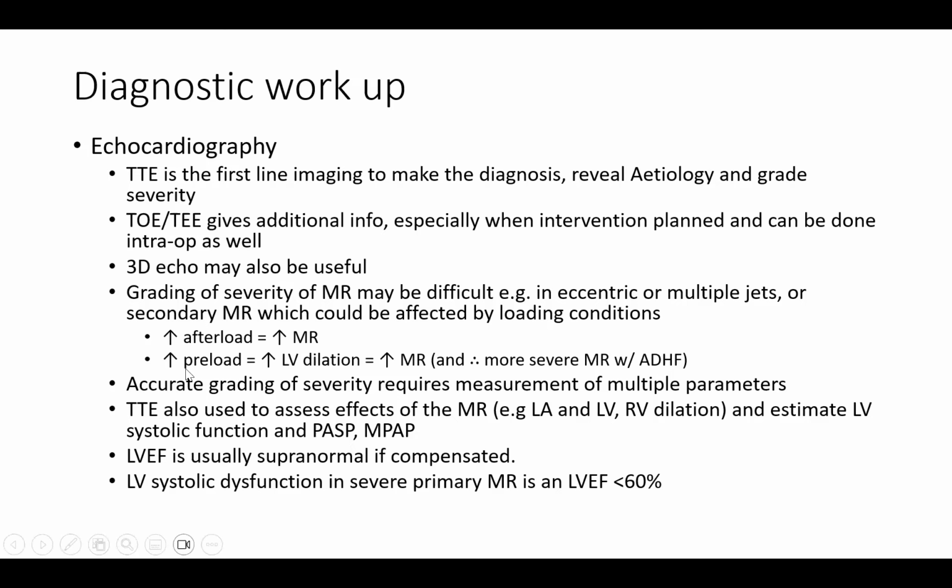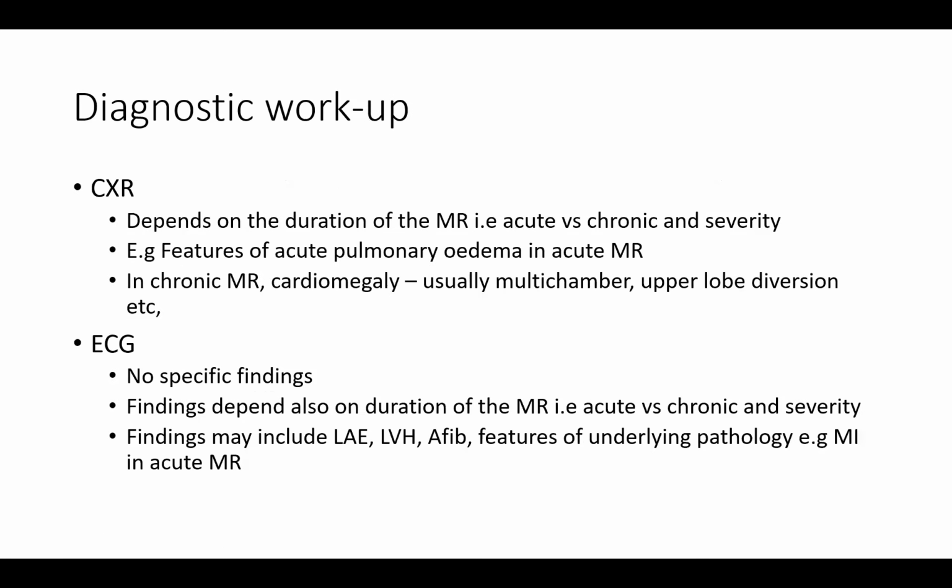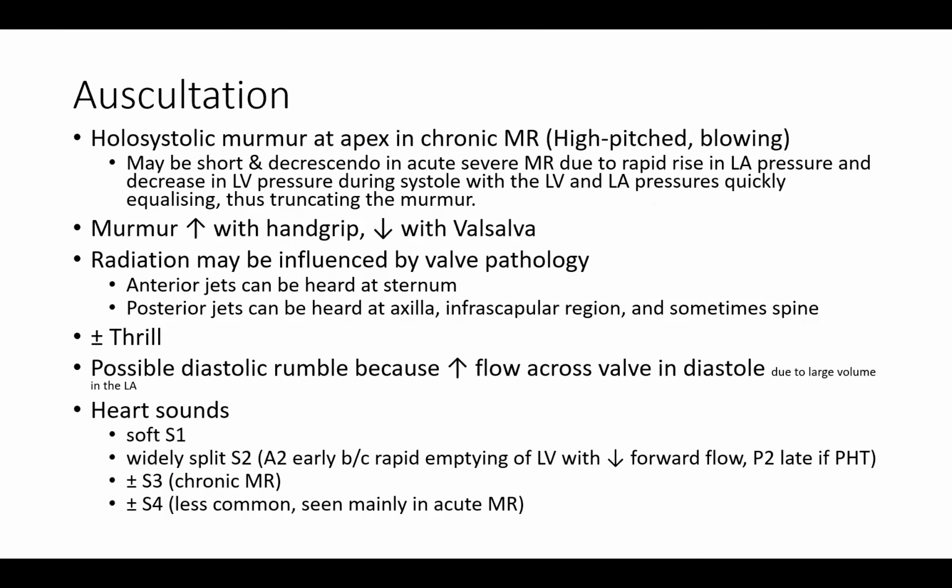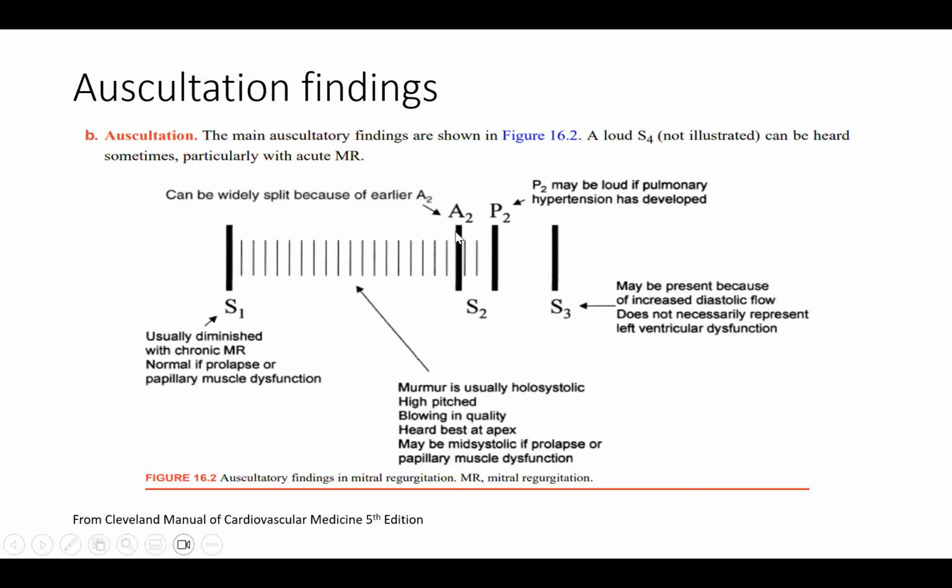So grading of the severity of the MR may be difficult because sometimes jets are eccentric, sometimes there are multiple jets, and secondary MR could be affected by loading conditions. Remember, even the murmur, we've said it increases with hand grip, which increases afterload or peripheral resistance, and it decreases with Valsalva, which decreases venous return and preload.